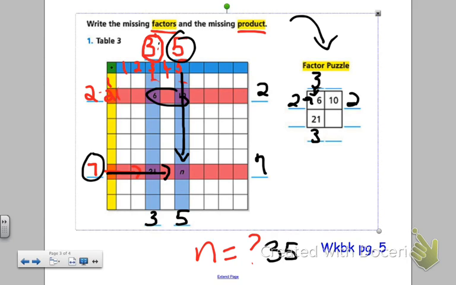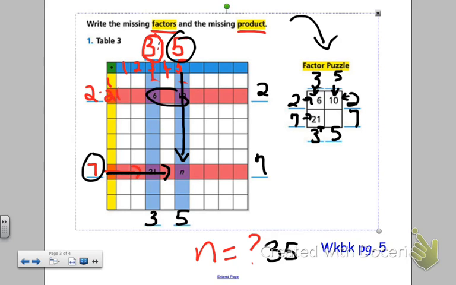Let's see, 2 times what number gives you 10? Well, that must be 5. So 5 would be on the top and the bottom over on that side. And let's see, 3 times what number gives you 21? Oh, well, that's 7. 3 times 7 is 21.